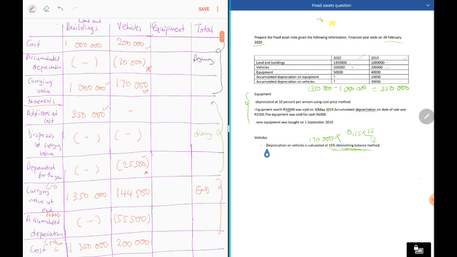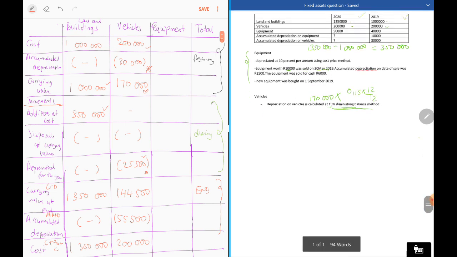Fine. So what's important here, guys, is to understand that we are disposing equipment, right? When you dispose of an equipment or a fixed asset, you must follow 3 steps. Step number 1 is to cancel the cost price of the asset.